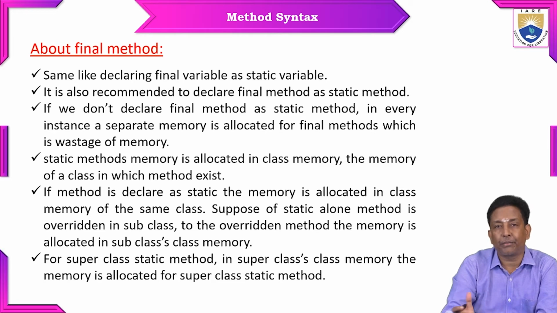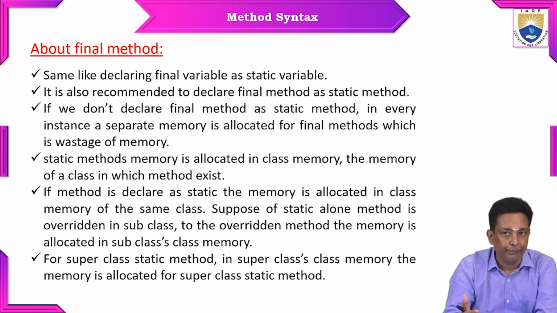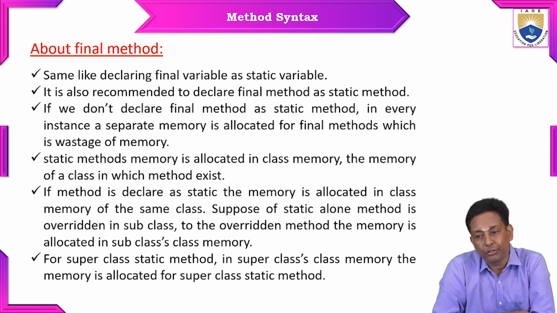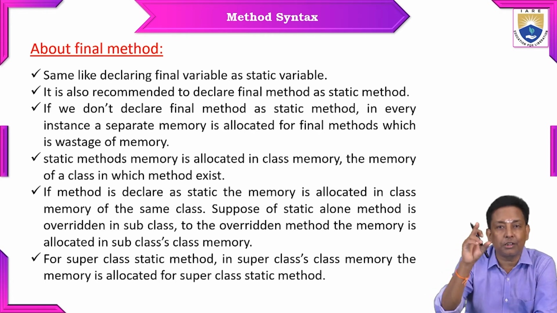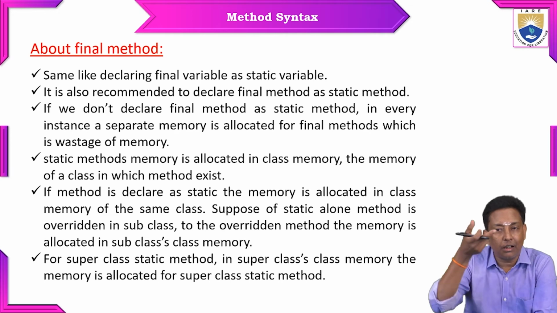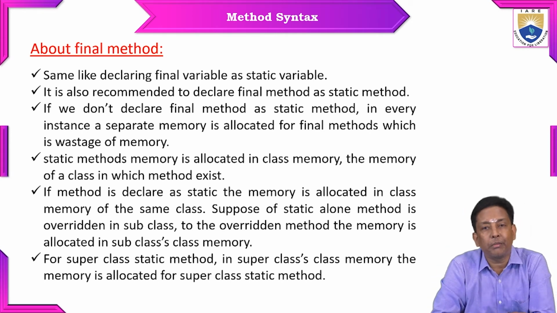The next point about final methods: same as declaring final variables as static variables, it is also recommended to declare final methods as static methods. A final method's implementation exists only in that class; it has no implementation in subclasses.